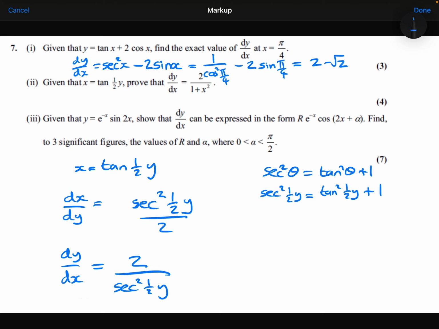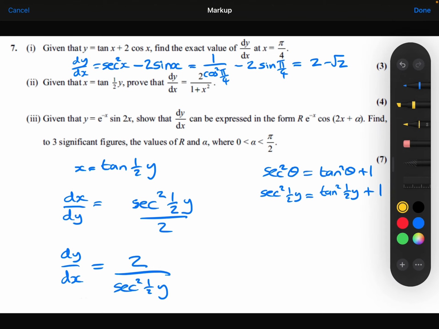And the tan half y I know is just x. So I can replace this tan squared half y with x squared. So that completes my proof for part II.